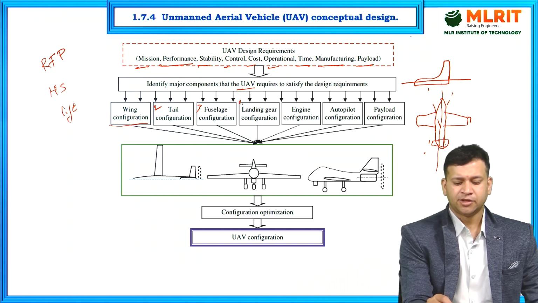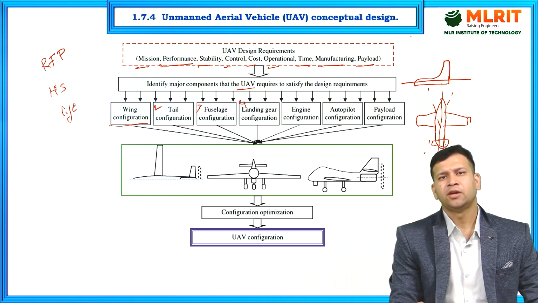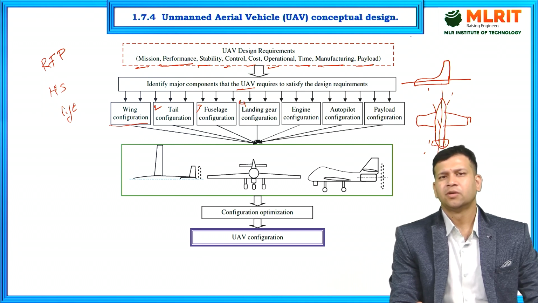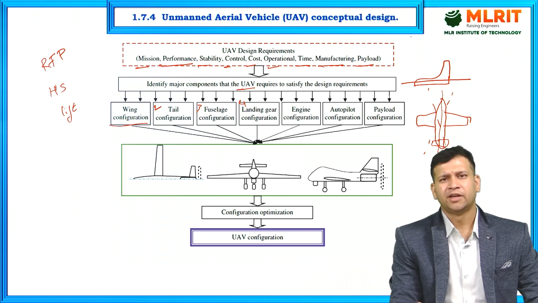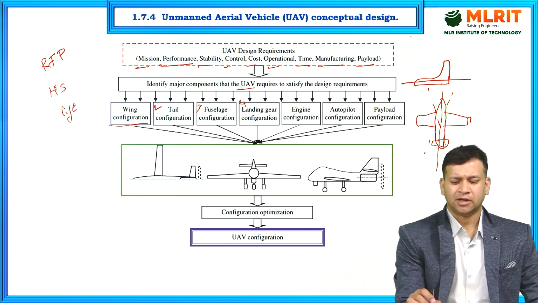The next major component in the conceptual design phase is the landing gear configuration. What kind of landing gear is your unmanned air vehicle going to have? Whether it's going to have the conventional landing gear, or a bicycle type, bogie type, or tricycle type of landing gear. It again depends, design to design.